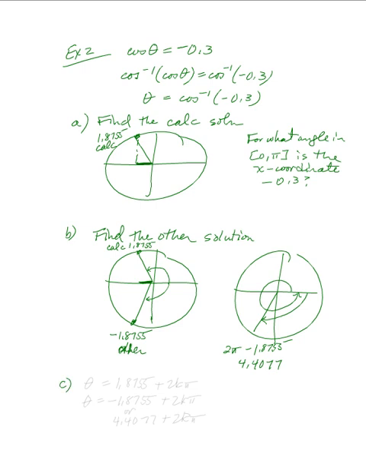They're really just coterminal, so it doesn't matter. And so your infinite solutions are theta equal to 1.8755 plus 2k pi, and theta equal to negative 1.8755 plus 2k pi, or you could call it 4.4077 plus 2k pi. And that ends our session. Thank you for listening.